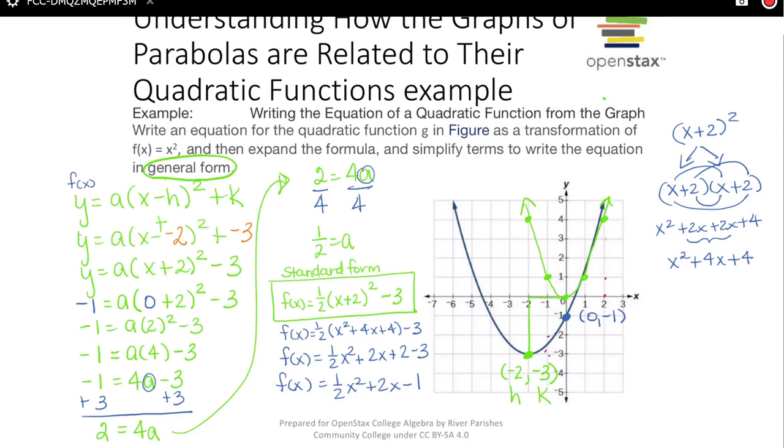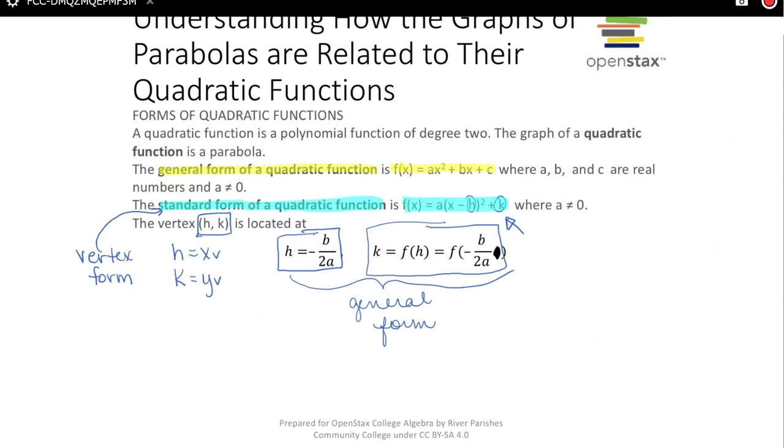And real quick, I just want to tell you something. Let's go back to this slide. When you have it in general form, C is the y-intercept.